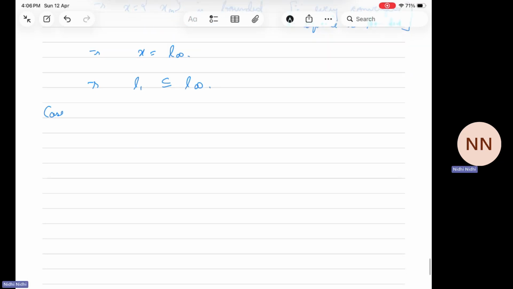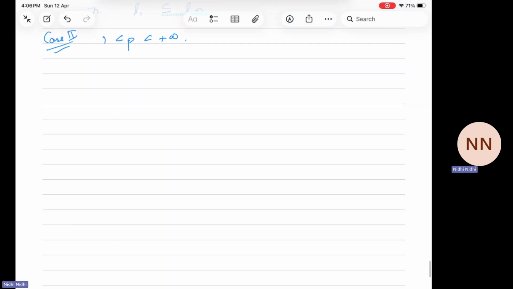Next, in case 2, we will see what happens when p is strictly between 1 and infinity. Again, we will start with the fact that x is in L1.